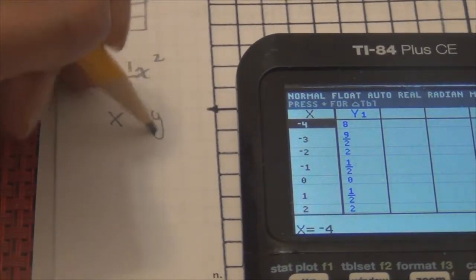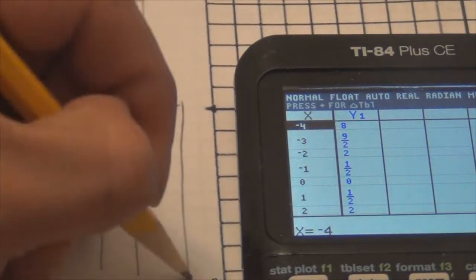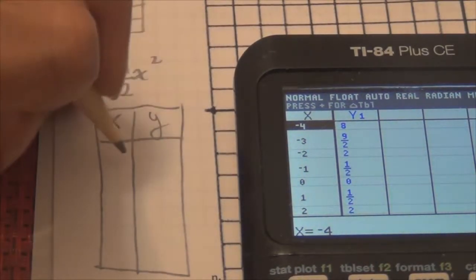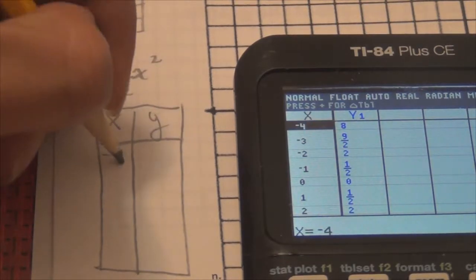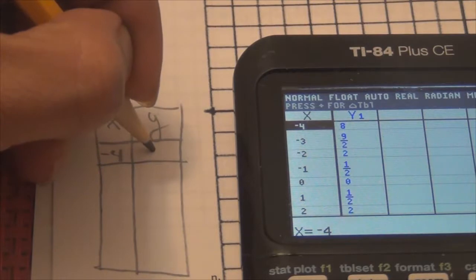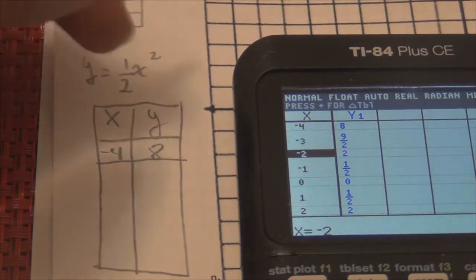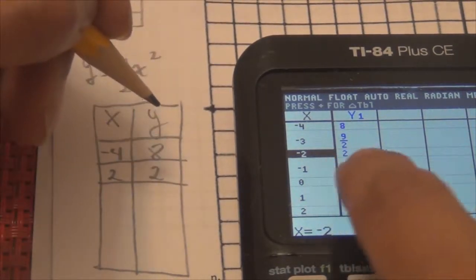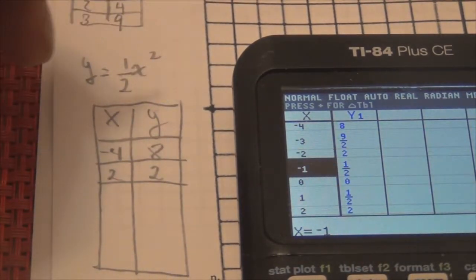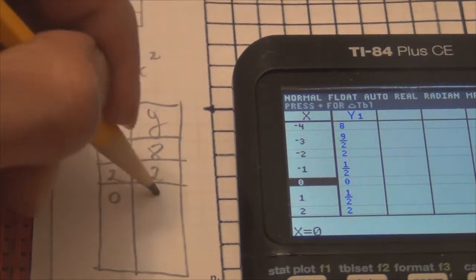So this is x, this is y. I'm gonna graph -4, because it's 8. I'm gonna graph -2, because it's 2. You see that? I could graph -1, 1/2, but I'd rather graph 0, 0.